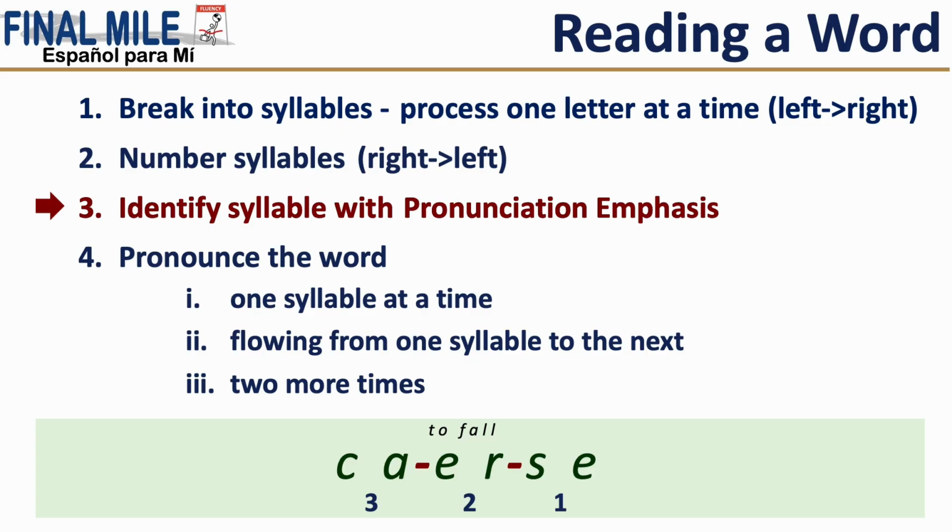Identify the syllable with pronunciation emphasis. Apply the rules from the initial lessons and then pronounce the word one syllable at a time. Caerse. Flowing: caerse. Two more times: caerse. Caerse. If you keep doing this, a natural Spanish accent cannot help but fall into place.